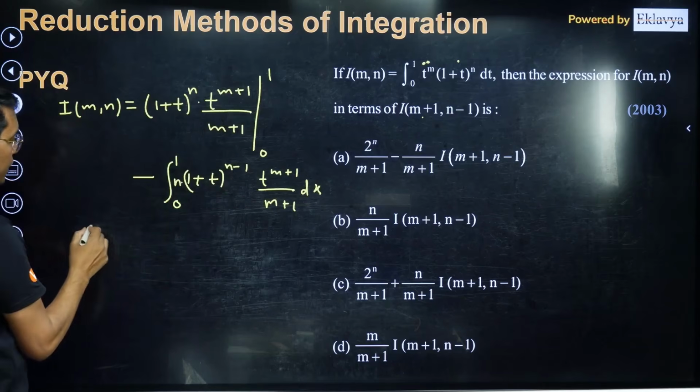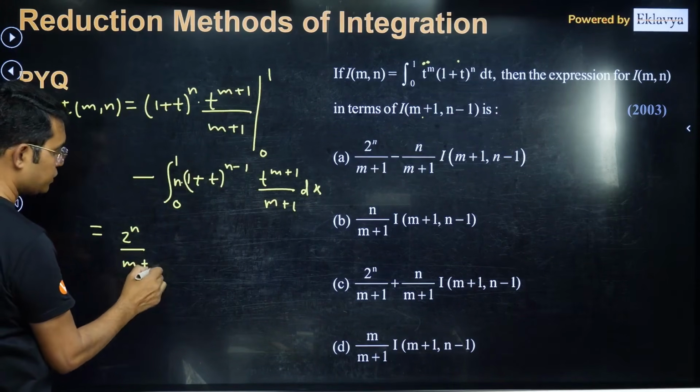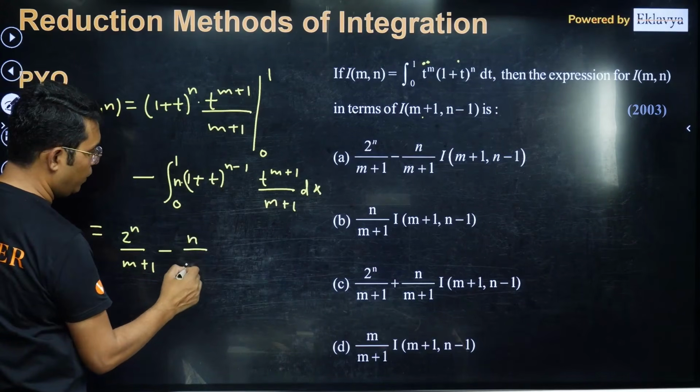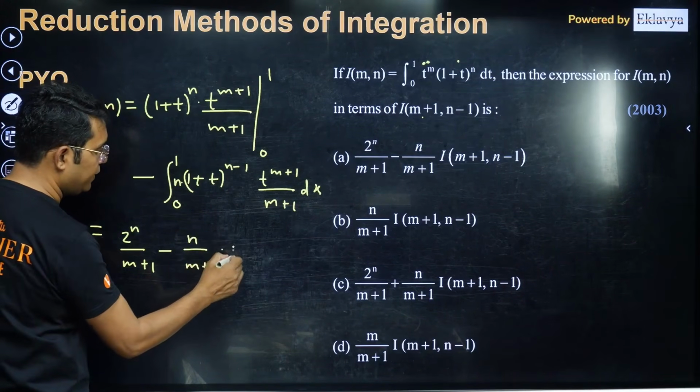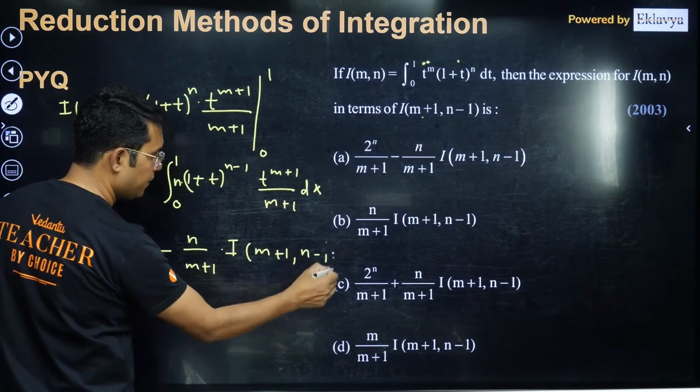Now if you put 1 here, you will get 2 raised to the power n upon m plus 1 minus 0, no need to write that, minus this will be n upon m plus 1, and then I think it is nothing but I m plus 1 comma n minus 1.